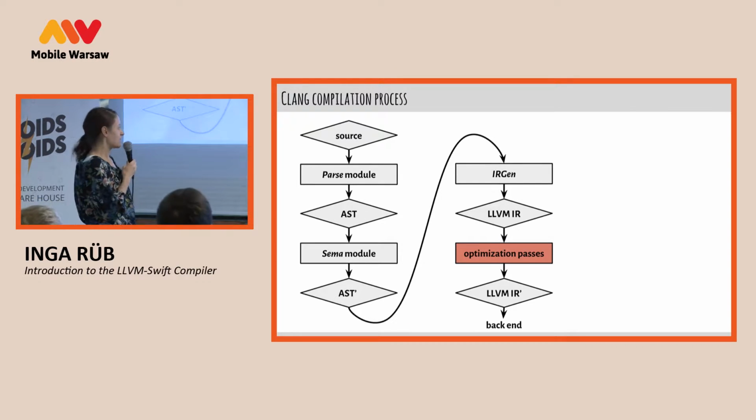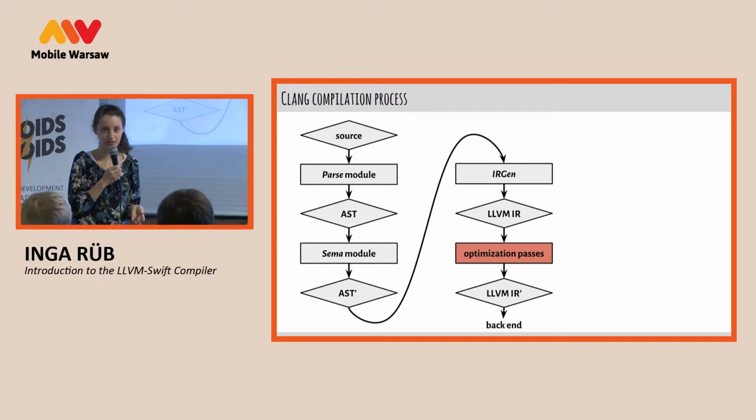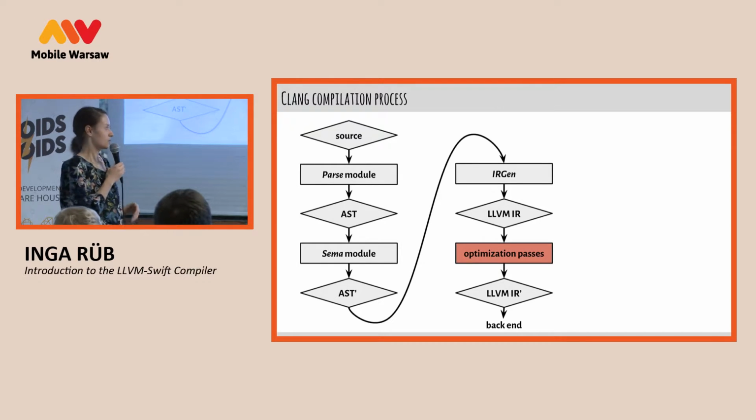What is really nice is that if you want to modify the compiler, for example to produce code for a different architecture, it is enough to switch the backend. You do not have to rewrite the whole compiler, you only change the part that is dependent on the architecture. And the same goes for the language.